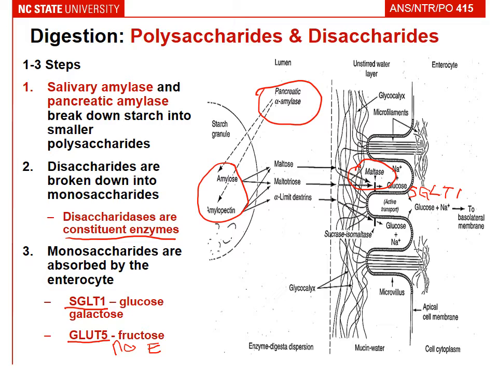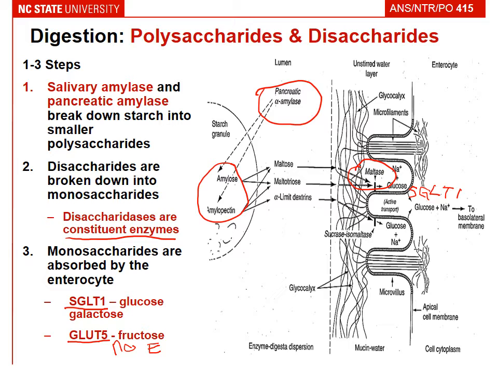Our maltase enzyme is able to break down maltose and the maltotriose, and we get glucose. And our glucose enters in with sodium through SGLT1 into the cell, and then that's able to then go to the basolateral membrane and enter the blood.